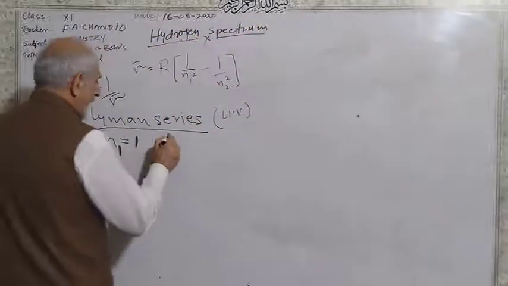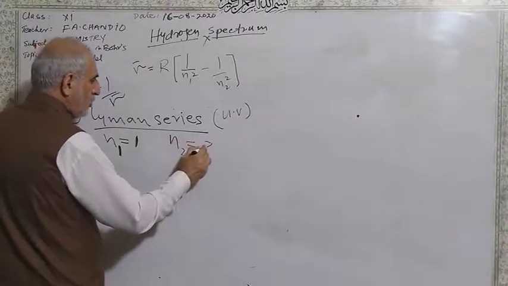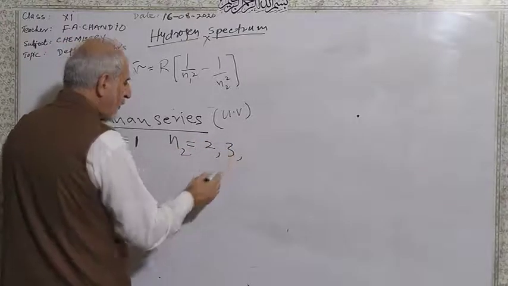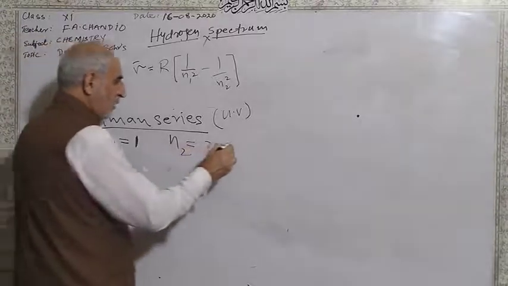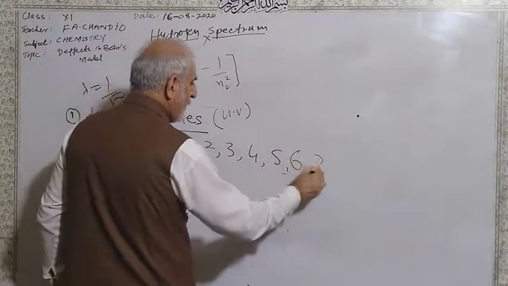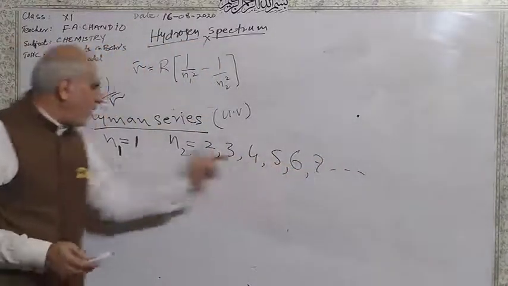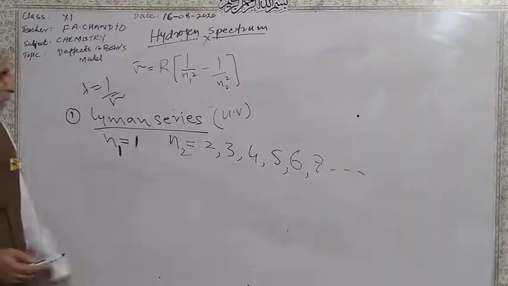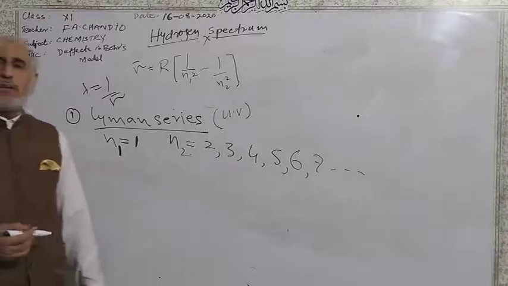Then n2 may be 2, the second orbit, maybe third, if electrons drop from 2 to 1, 3 to 1, 4 to 1, 5 to 1, 6 and 7 and so on. If electron drops from 7 to 1, n2 is equal to 7 and n1 is equal to 1. Maybe n2 is equal to 3 and n1 is equal to 1.